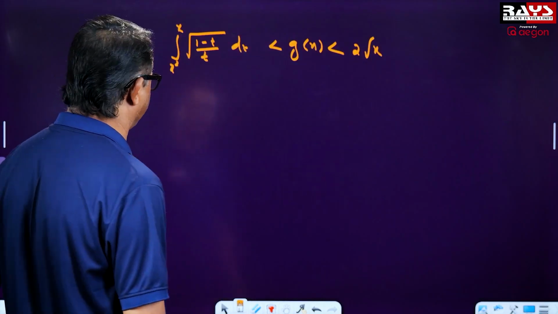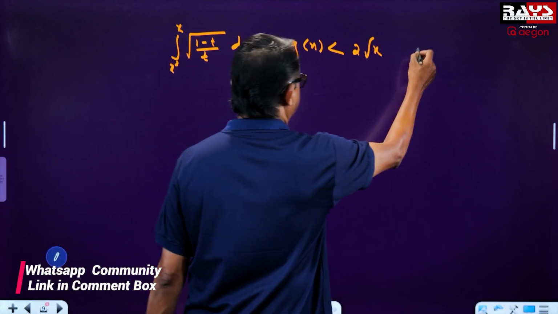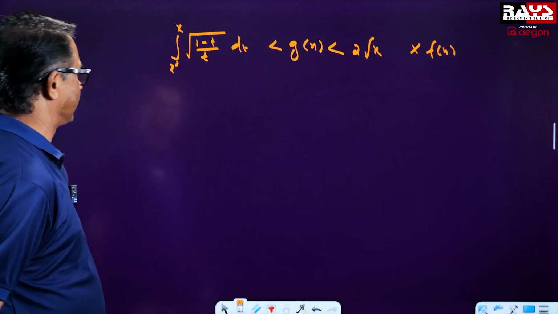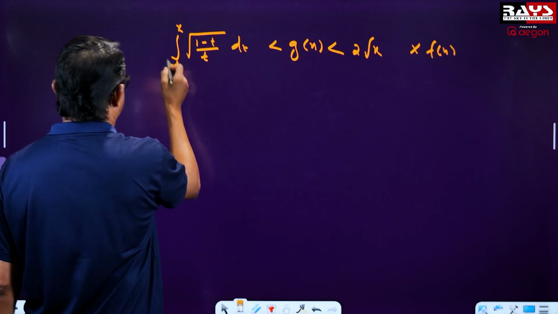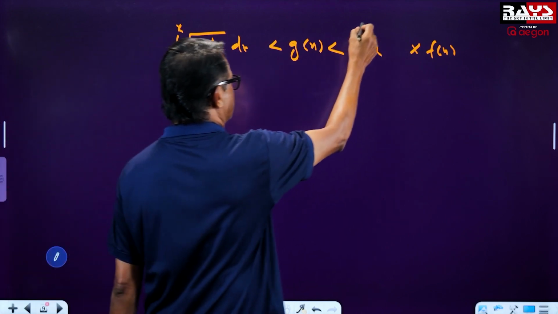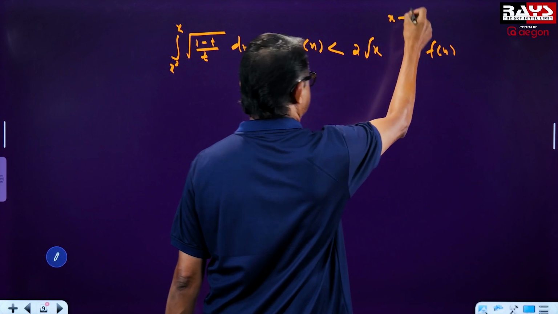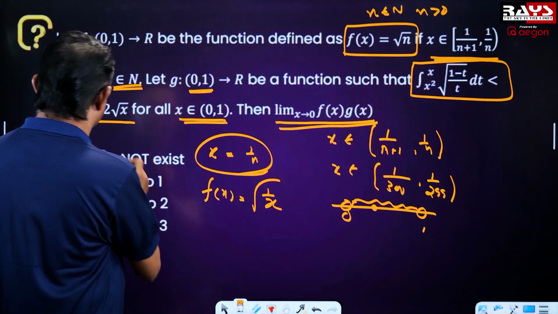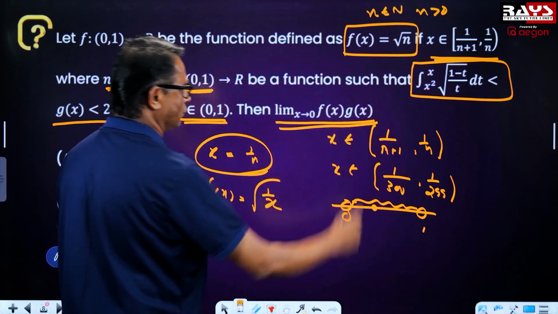So what I am going to do is multiply the entire thing by f of x. That is what we have to find out, and we take the limit as x tends to 0, the limit of f of x into g of x.